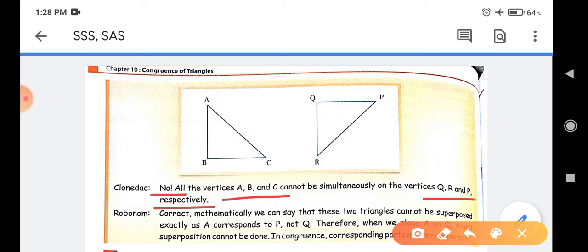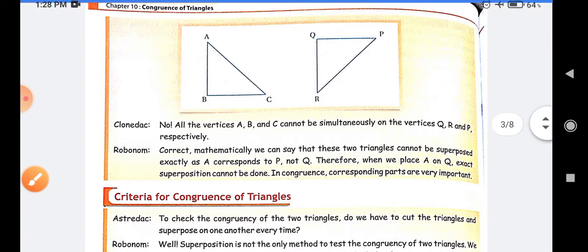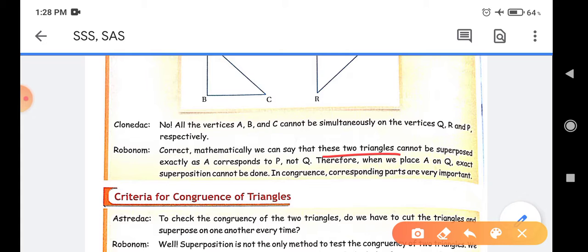They cannot be superposed on each other. Mathematically, we can say these two triangles cannot be superposed exactly as A corresponds to P, not Q.